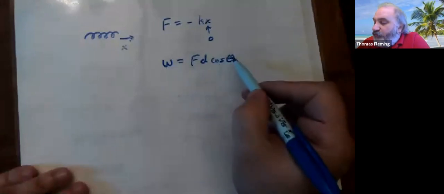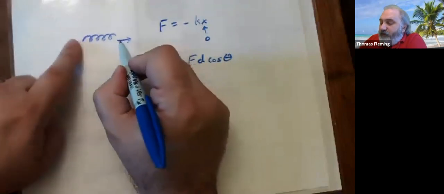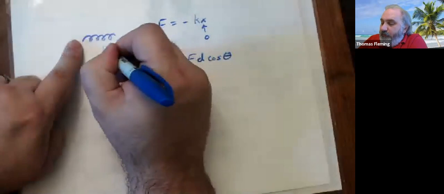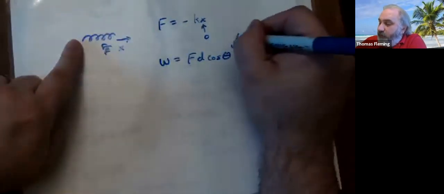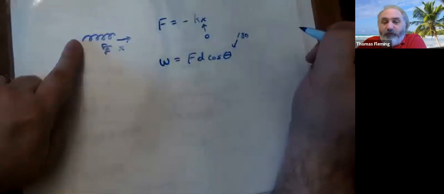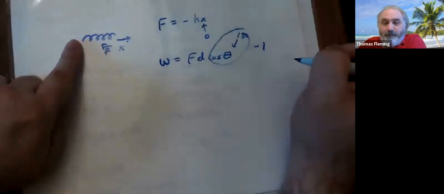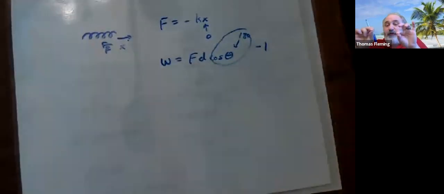That's the angle between the force and the distance. Well, since I'm stretching it to the right, my distance is to the right, the force is back to the left. So the angle here is going to be the 180 degrees between those two things. This is going to equal -1. So the work that I'm going to get done is going to be negative. When I stretch it out, it's going to do negative work.